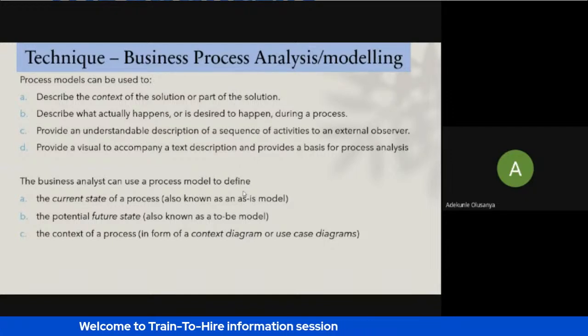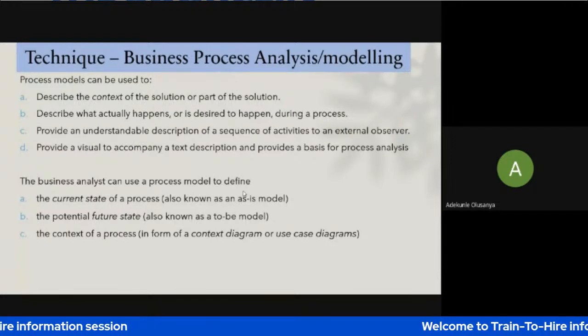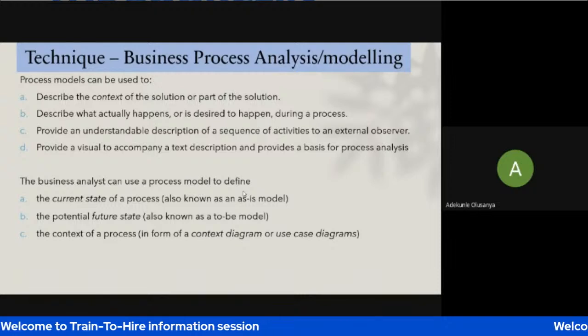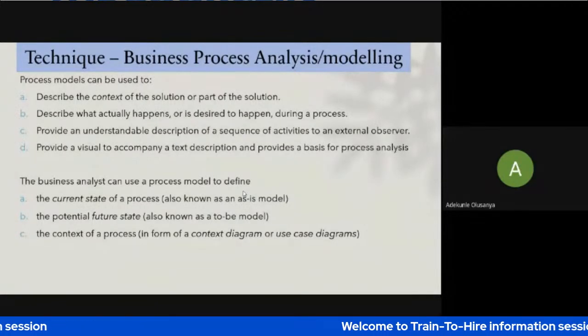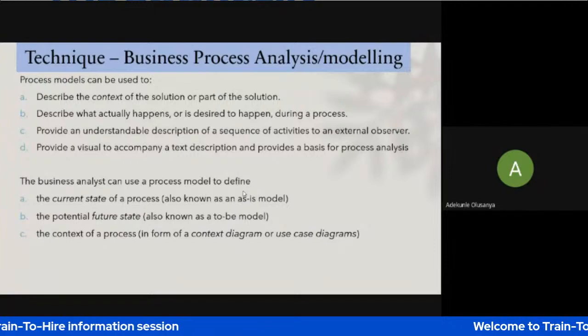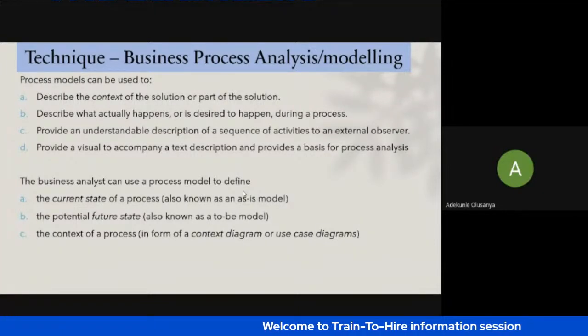When you're carrying out strategy analysis for an initiative, for a business, for an idea, it makes a lot of sense to use the same techniques that you've employed in this analysis for your future state analysis. What I mean by that is if you have used the business model canvas or the SWOT analysis, or the PESTLE analysis to analyze your current state, you want to use those same techniques to analyze your future states.